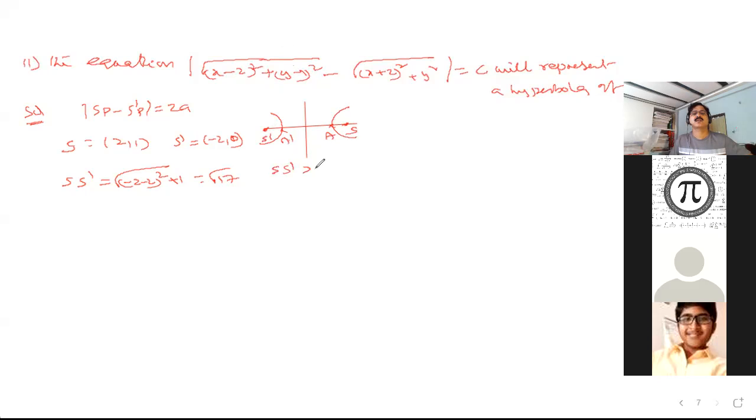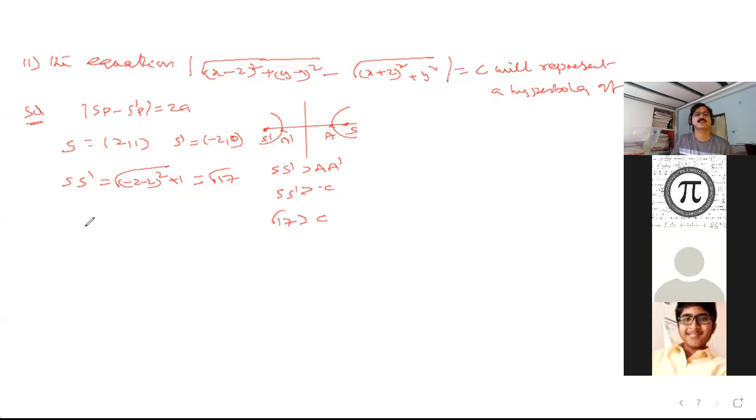SS dash is greater than AA dash, in the case of this that he is asking. So AA dash means 2a, that is C, is less than SS dash. So C is less than root 17.